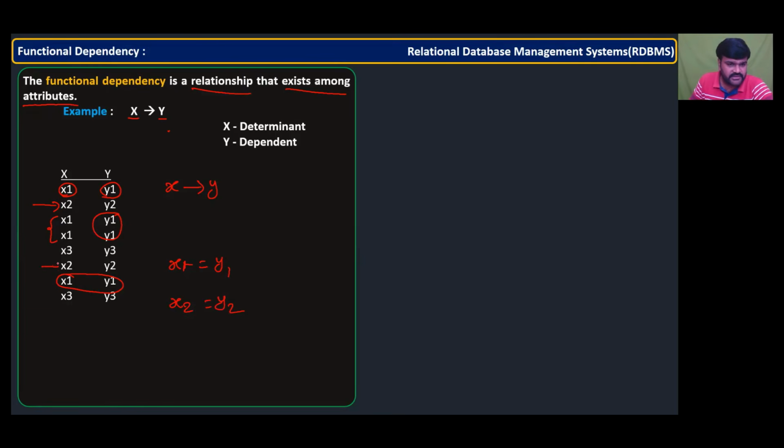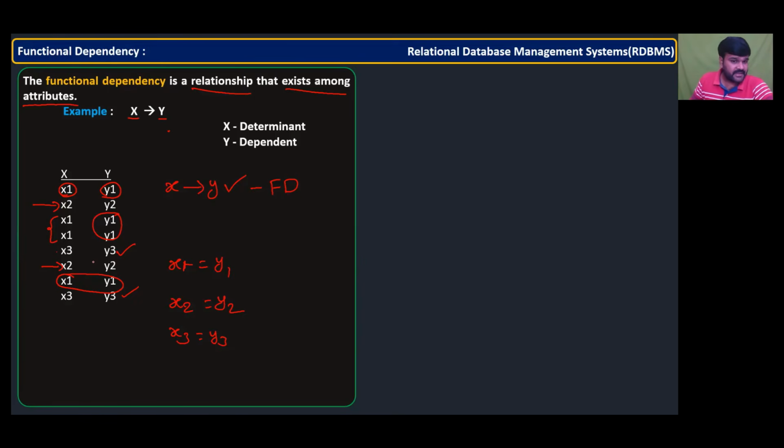Even X3, two times X3 is there, both times it is deriving Y3. So this is a valid functional dependency. You can say this is one of the FDs in short. First of all, the meaning of this concept is very simple. In the flow, automatically we will get everything.